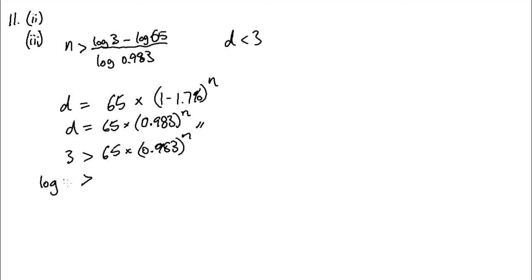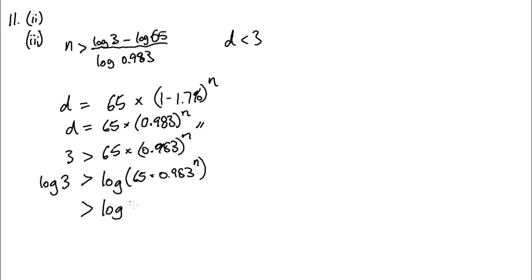Log base 10 of 3. I just didn't write base 10 because normally if you write log, it means base 10, because humans have 10 fingers or something like that. It's just instinct, really. So log of 65 times 0.983 to the power of n.